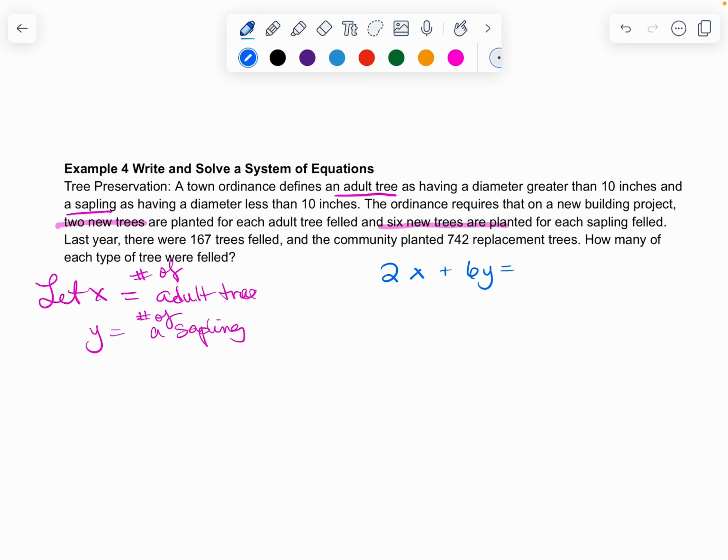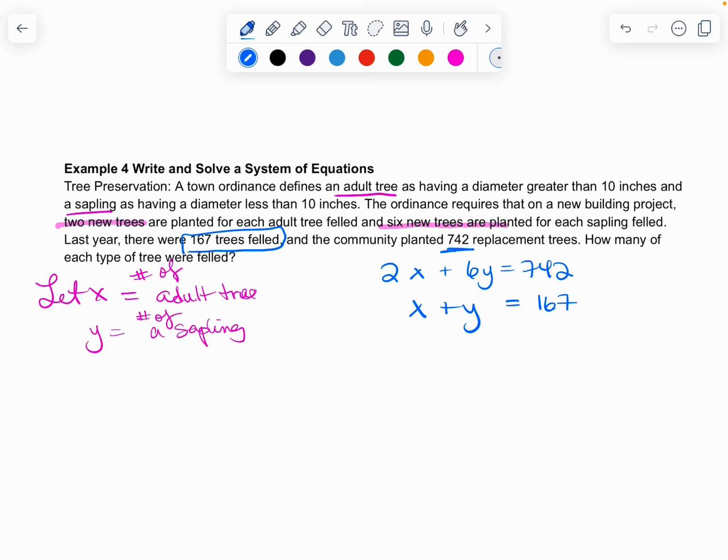How many total replacements were there? There were 742. Okay. Then the other part says that there were a total of 167 trees felled. So adults plus saplings. We don't know how many adults, we don't know how many saplings, but we know together it's 167.